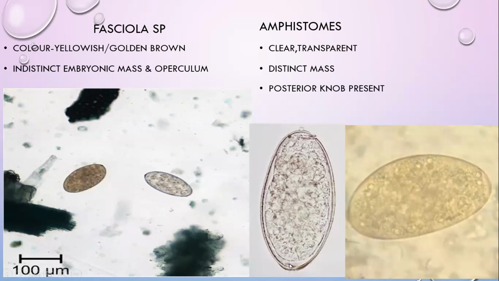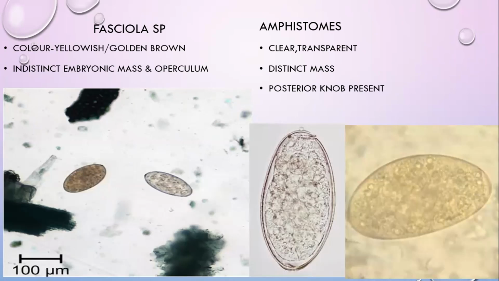And there is also a posterior knob in amphistome, but because we see a lot of samples, you may not see the posterior knob in many samples. So it is better to differentiate based on the embryonic mass as well as the color of the egg.